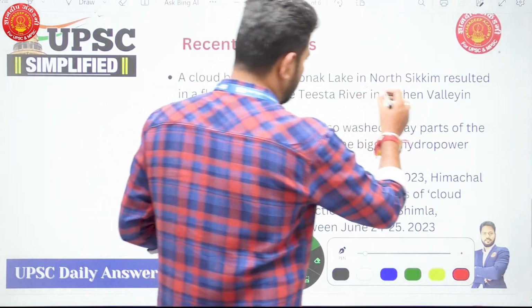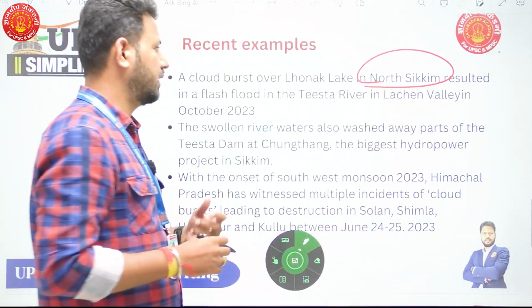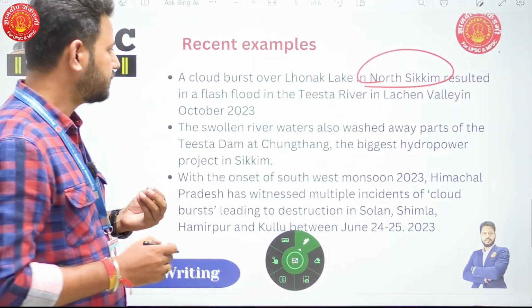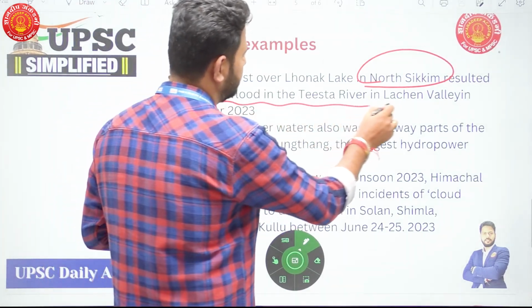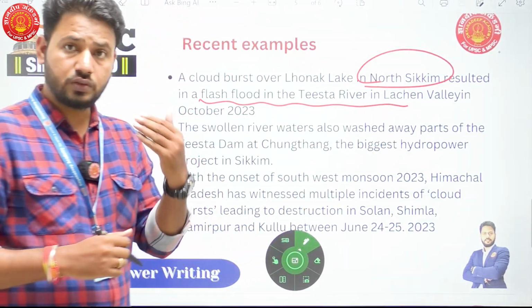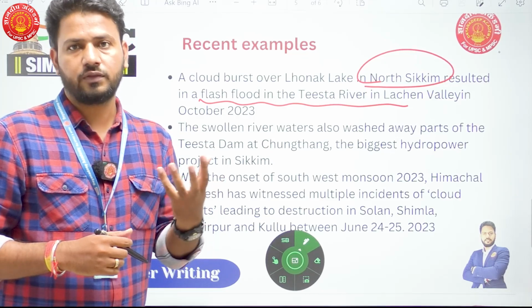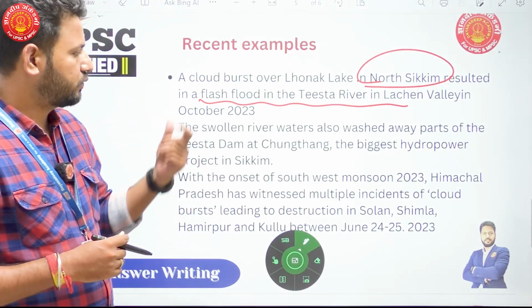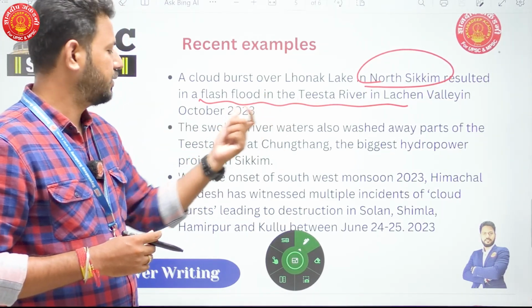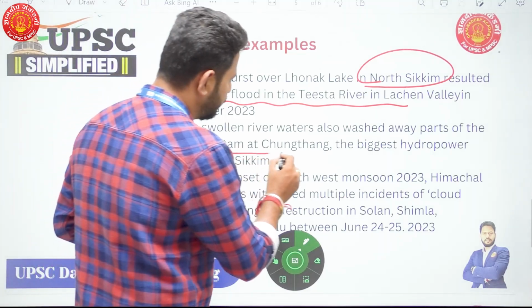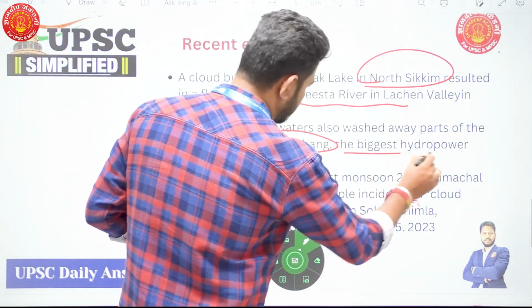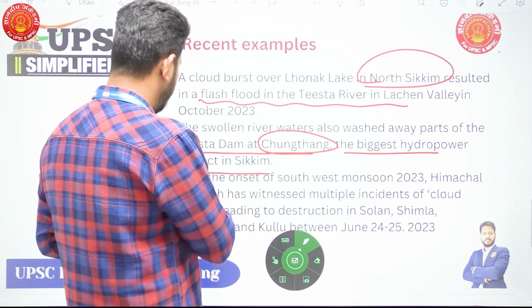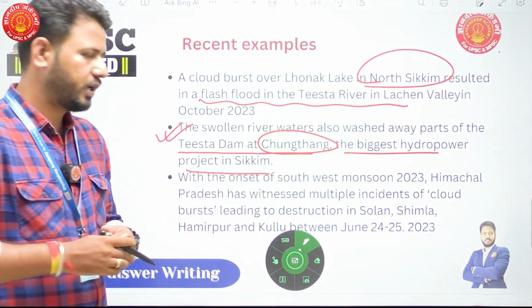So North Sikkim, we had a cloudburst very recently, which resulted in flash floods in Teesta River and also resulting into deaths of many people there. Now, this swollen river also washed away the parts of Teesta Dam at Chungthang. This is very important because this was the biggest hydropower project in Sikkim. This also you can mention.